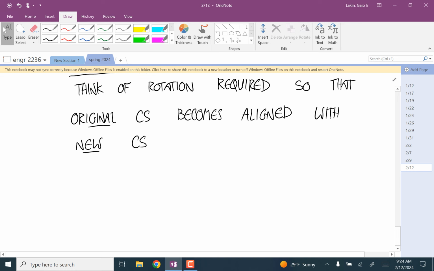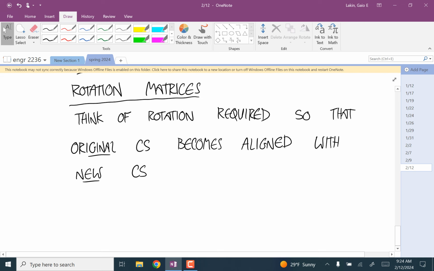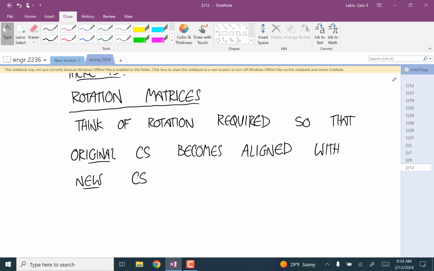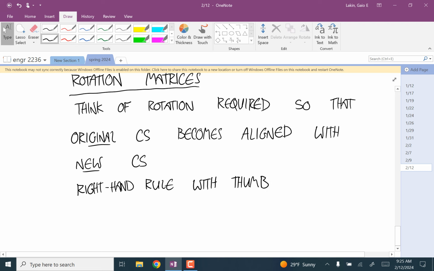Okay. And I'm going to give you these rotation matrices for rotations about the x-axis, the y-axis, and the z-axis. What you call a positive angle about those axes is determined by the right-hand rule. So remember the right-hand rule. You want to use the right-hand rule with your thumb in the axis direction.